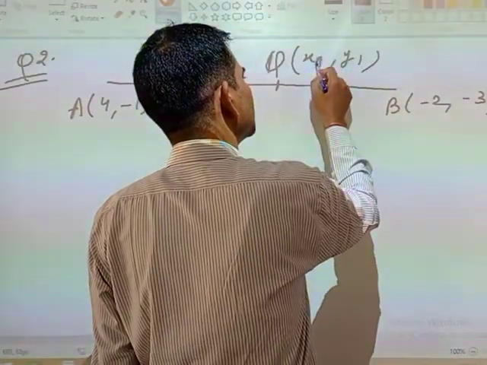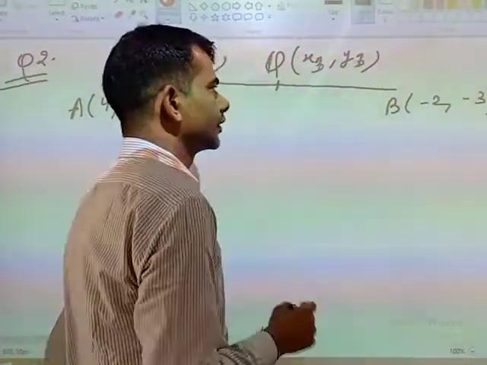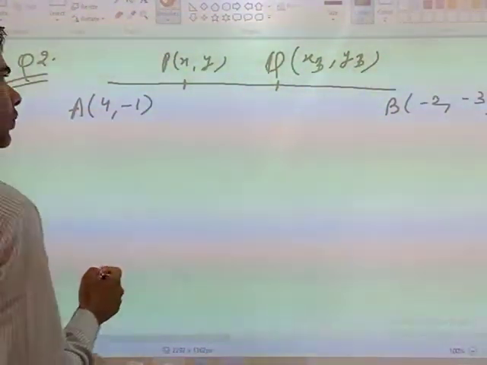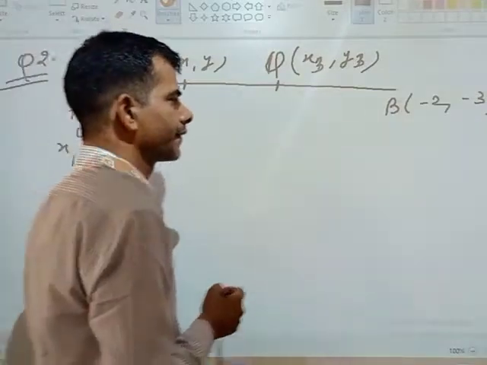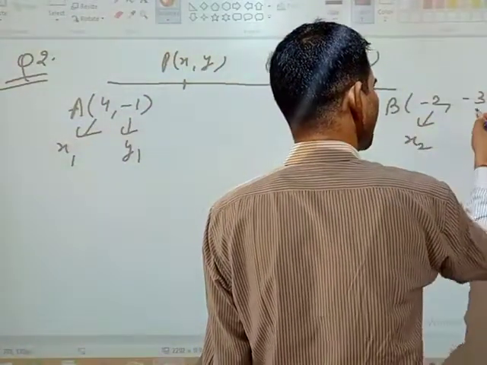That is your P, the coordinate of this point is x y, and this will be your Q. Make it x3 y3, because x1 y1 we will take here. Okay, (4, -1) here, we will take x2 and y2 here.